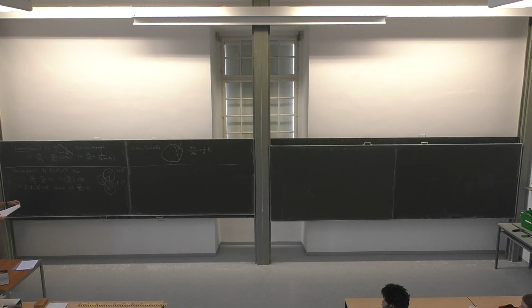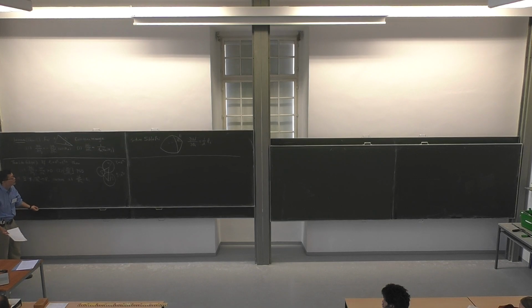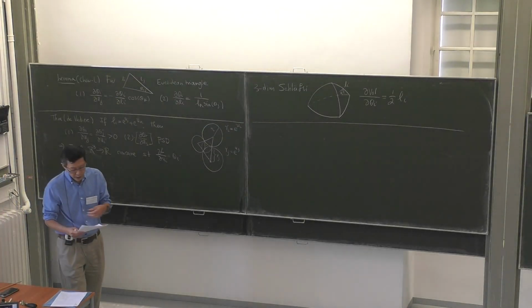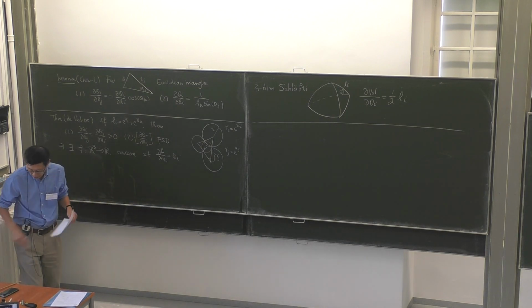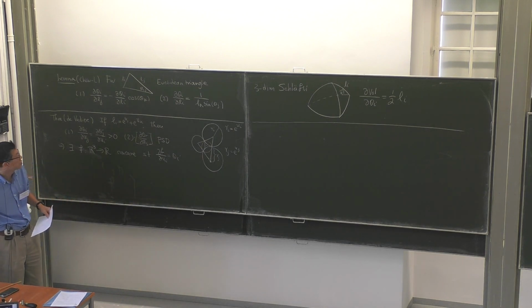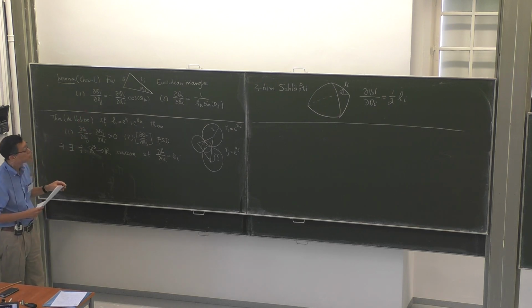Okay, so I will say a little bit more about the variational principle, which I mentioned quickly last time, and then I'm going to go to the second discretization notion of polyhedral surfaces. So I told you there is this interesting derivative form of the cosine law.